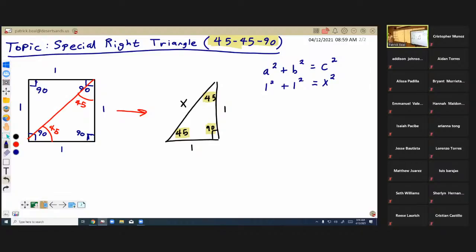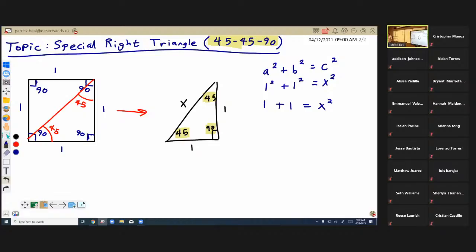What's 1 squared? 1 squared is just 1. So that means we've got 1 plus 1 is equal to x squared.